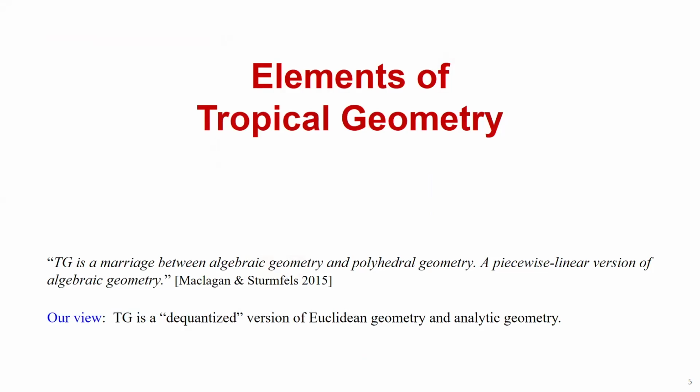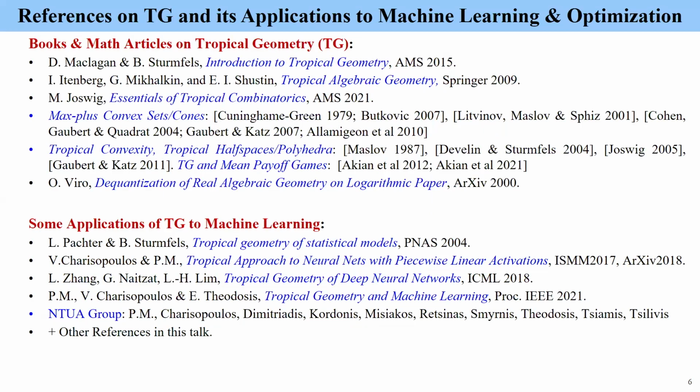Well, according to Maclagan and Sturmfels, tropical geometry is a marriage between algebraic geometry and polyhedral geometry. In our view, tropical geometry is a dequantized version of Euclidean geometry and analytic geometry, where the word dequantized will become clear in a few slides. A few references.